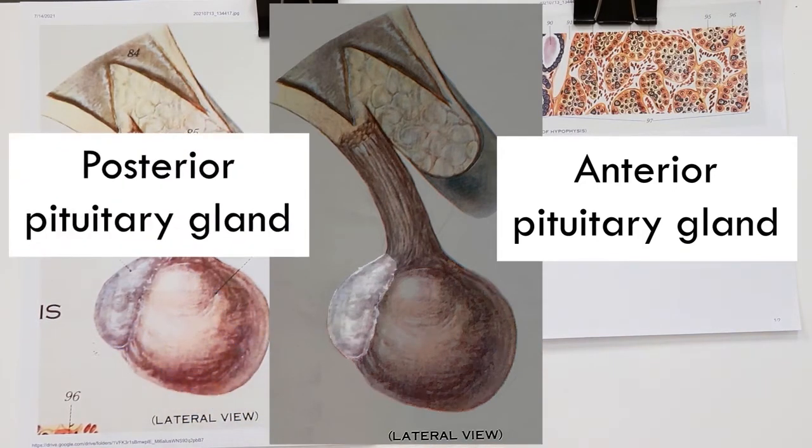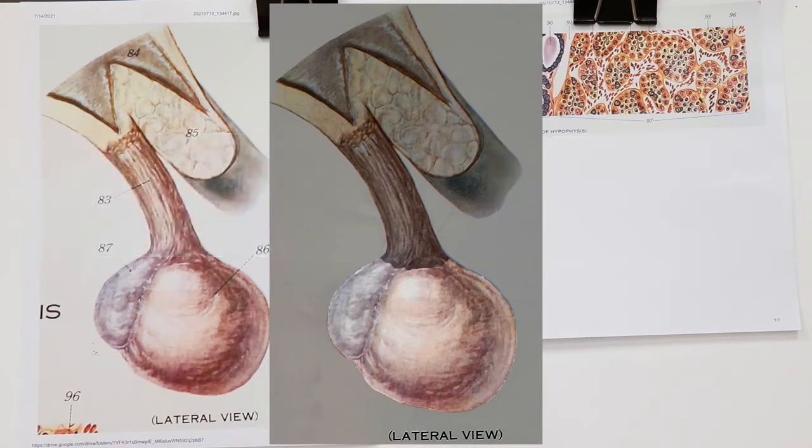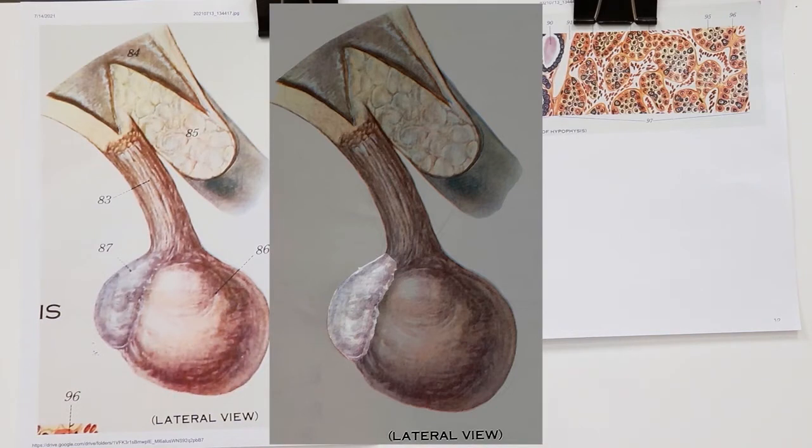And when you look at the gland, you do see that the anterior portion and the posterior portion look a little bit different from each other, and that's because the tissue that they're made of are different from each other, okay? So the tissue associated with the posterior pituitary gland resembles neural tissue, because remember that the hypothalamus communicates with the posterior pituitary gland by way of paraventricular and supraoptic neurons, okay?